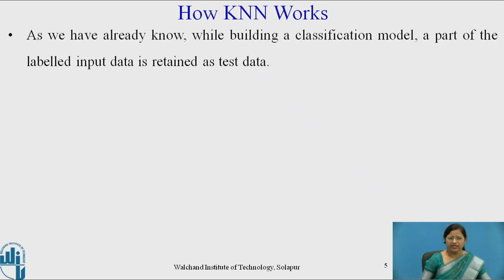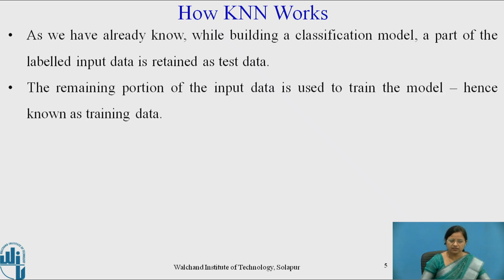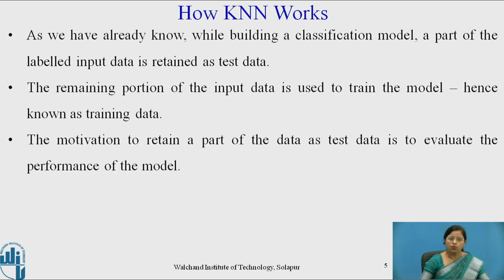As we already know, while building a classification model, a part of the labeled input data is set aside as test data. The remaining portion of the input data is used to train the model. Hence, it is known as training data. The motivation to retain a part of the data as test data is to evaluate the performance of the model.